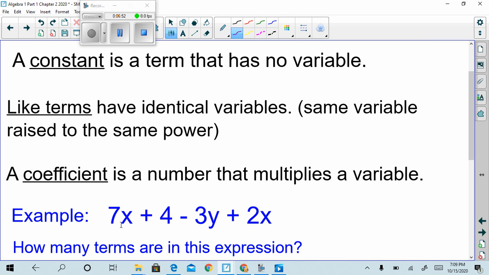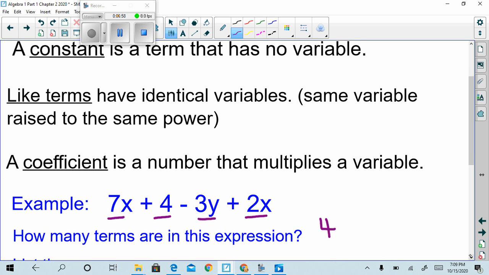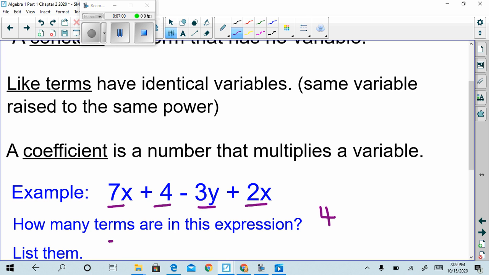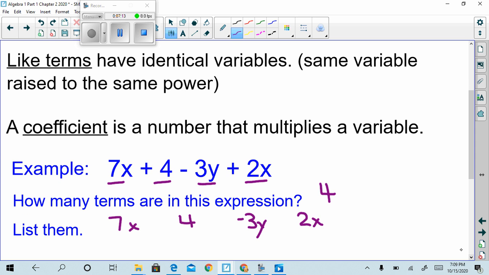Well, I have 1, 2, 3, and 4. There are 4 terms. Let's list those 4 terms. 7x is one term. I have a positive 4. I have a negative 3y, take the sign in front, and a 2x. Those are the 4 terms that are in this expression.